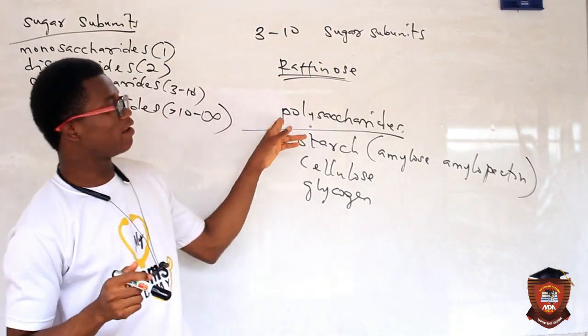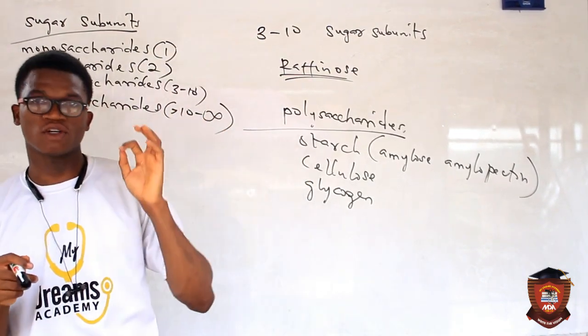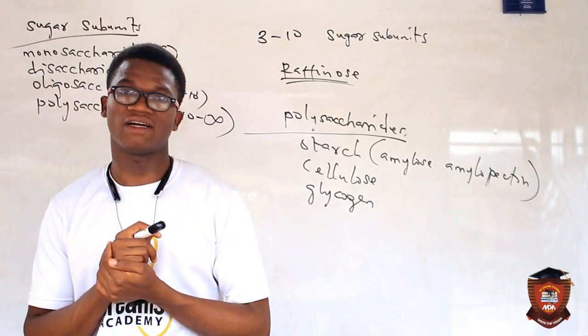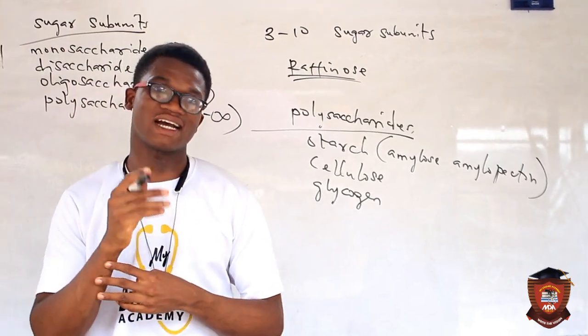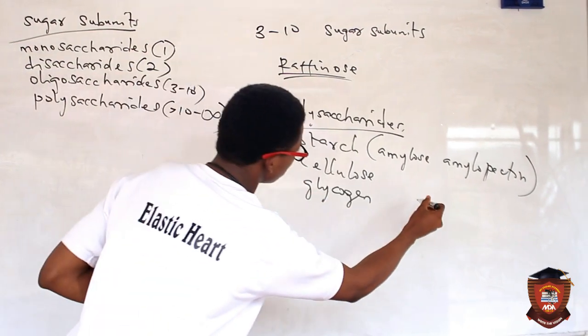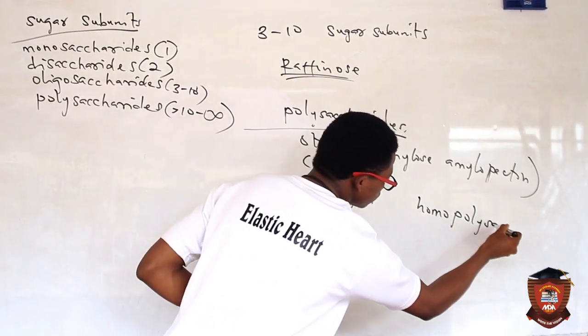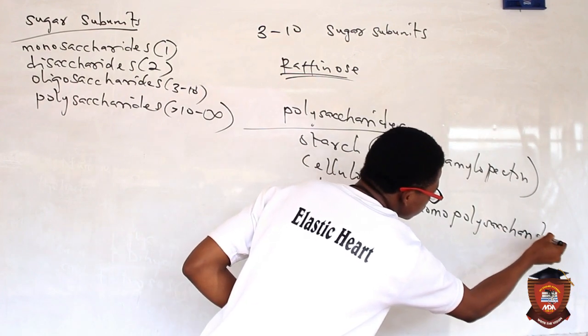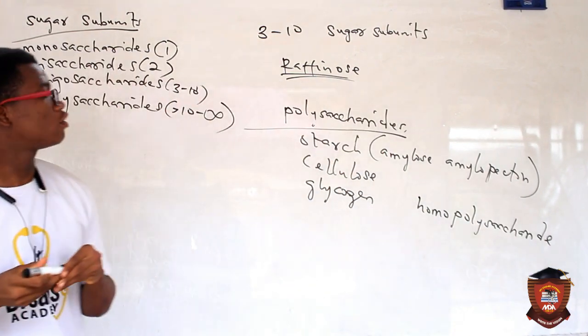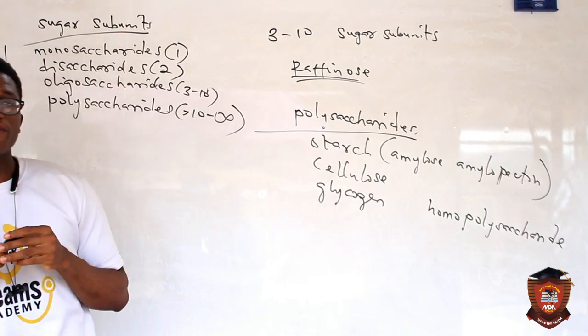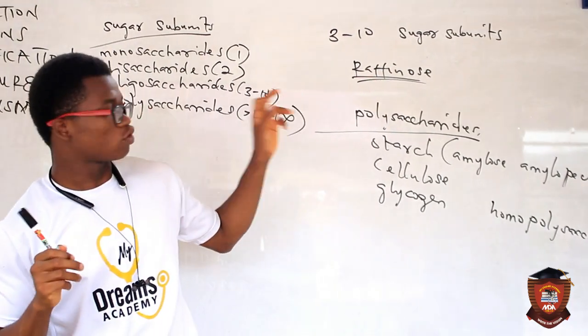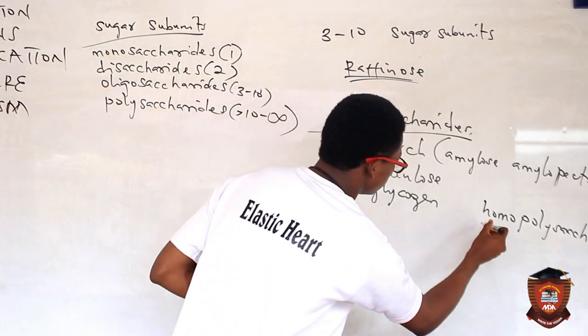So a polysaccharide that is comprised of the same type of monosaccharide is called a homopolysaccharide. And the one that consists of different sugar subunits is called a heteropolysaccharide.